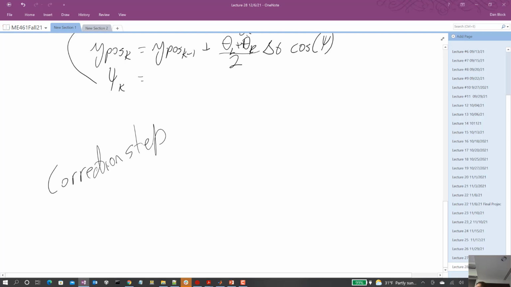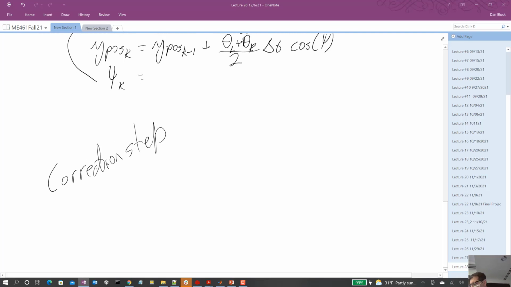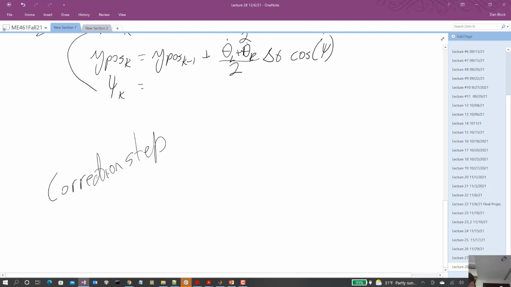Okay, and here what we're mainly doing is we have my states. Let's go back to just X pose again.